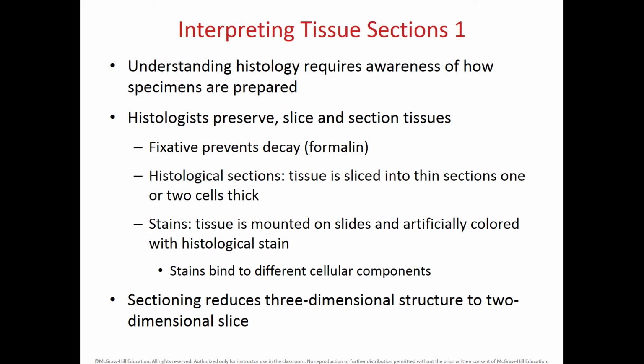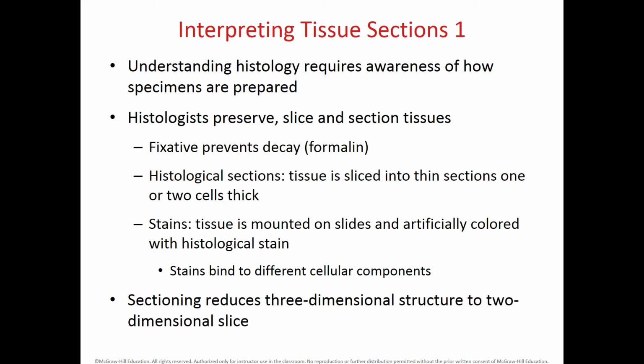Now, in order to study tissues, you have to make segments or sections of a particular tissue, and when you're doing these sections, you cut them at an angle or in a manner which can be horizontal or vertical, that can give you different views of the same tissue.